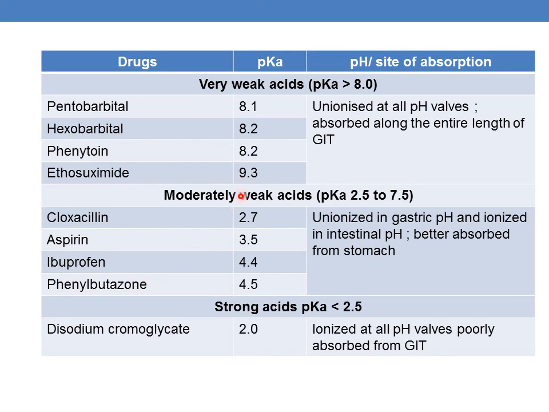The next one is strong acids whose pKa is less than 2.5. An example is disodium cromoglycate, whose pKa value is 2. It is ionized at all pH values, hence it is poorly absorbed from the GIT.